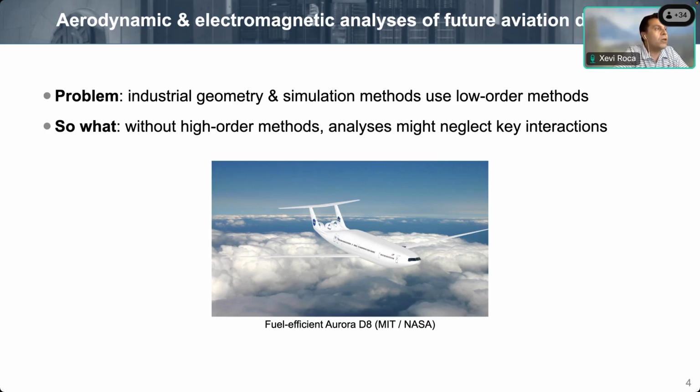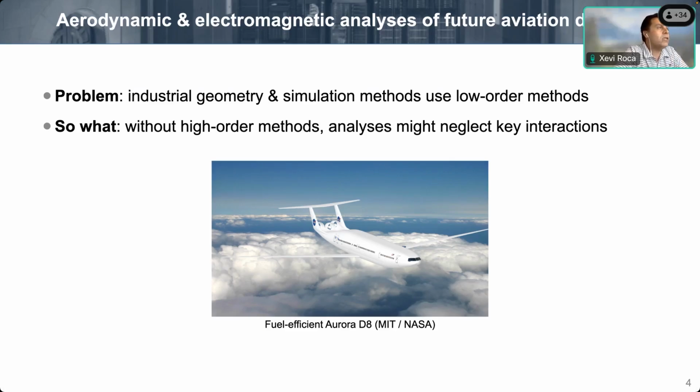This is the fuel-efficient Aurora D8 design by MIT and NASA. I cannot show it with the cursor, but I will do it with my words. You see a wider body to accommodate more people, and you can also see that the shape of the airframe is not the standard shape. The reason is that the shape is also trying to provide lift to this design.